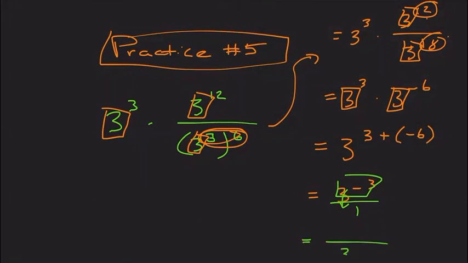So we're going to have 3 to the positive 3 on bottom. There's nothing left up top, so put a 1. And 3 to the 3rd, we can simplify. That's 3 times 3 times 3, which would be 27. So 1 over 27. A lot of steps to get to that point. And make sure on classwork you put all these steps, or at least as many as you can get.